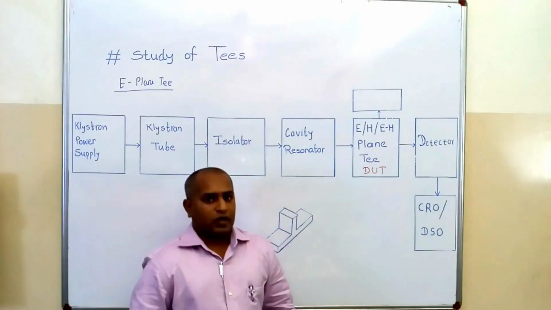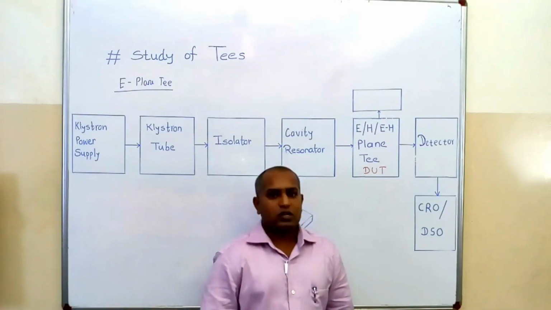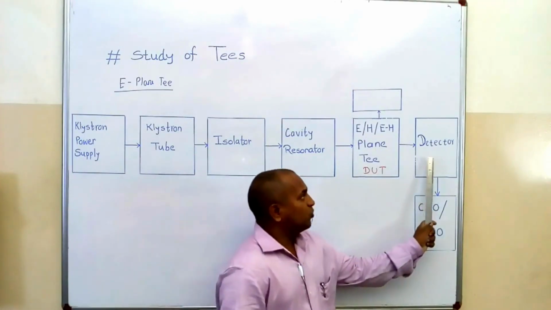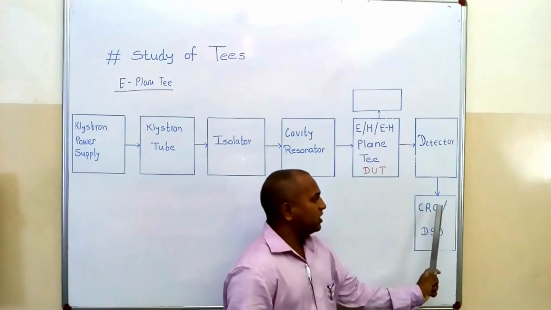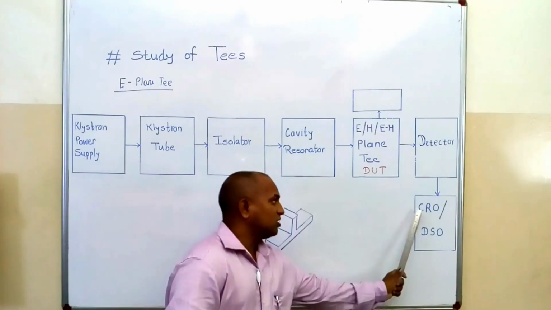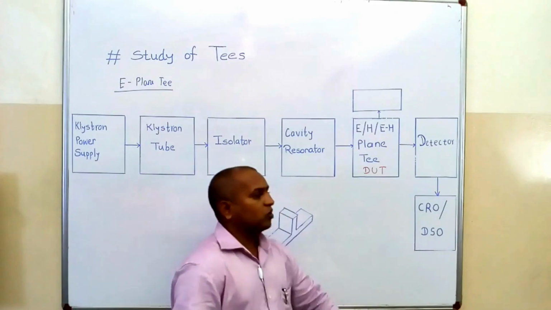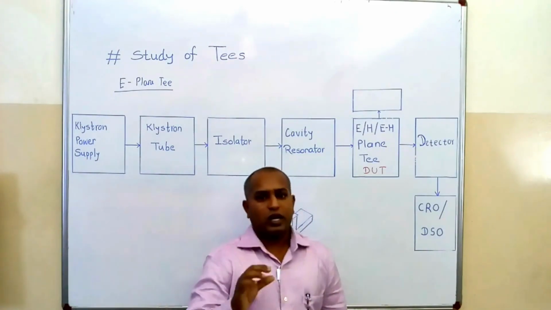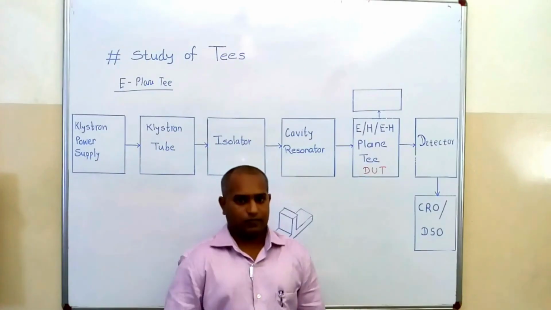Out of those, in our lab we have a Schottky barrier diode detector. The output of the detector will be sent towards a CRO or DSO. By using the CRO or DSO, we will measure the actual voltage of our electromagnetic signal.